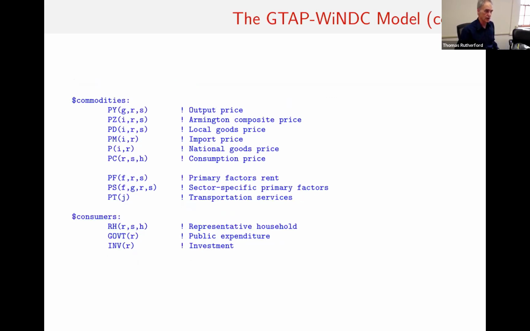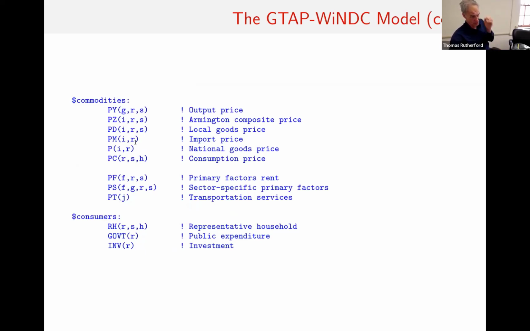If we look at prices, it corresponds to the same sort of idea. We have an output price from activities, an Armington composite price for absorption, a domestic price, imports, and a national market price P of I comma R. And then we have a price of end use consumption by region, subregion, and household. Again, the subregion only comes into play in the US setting.